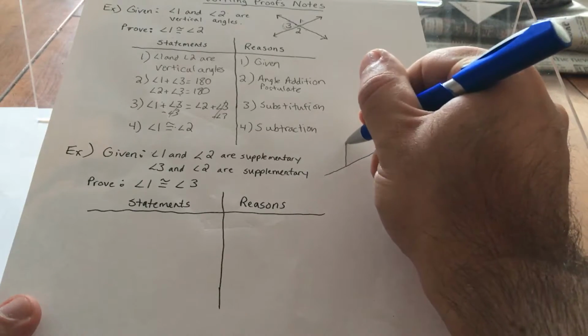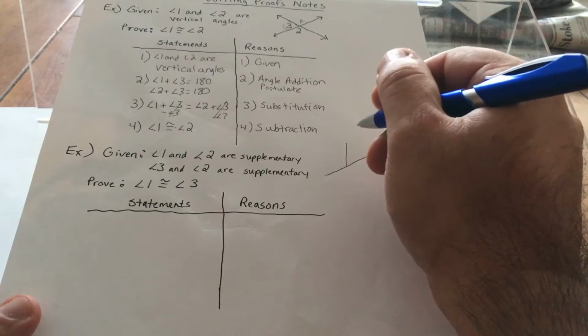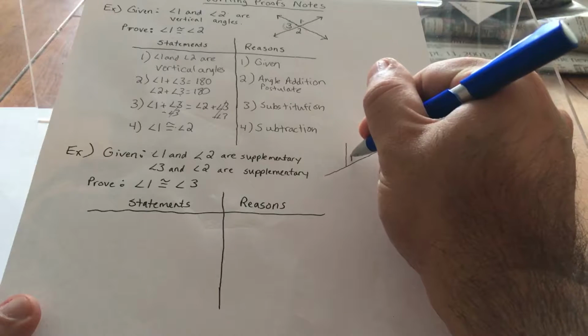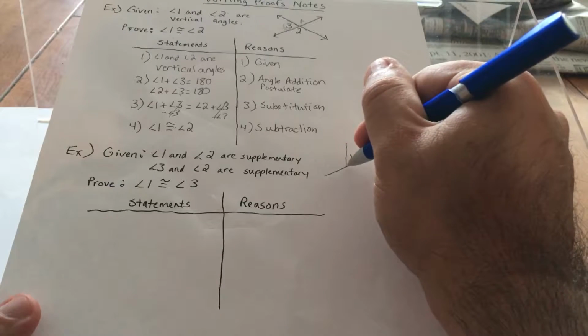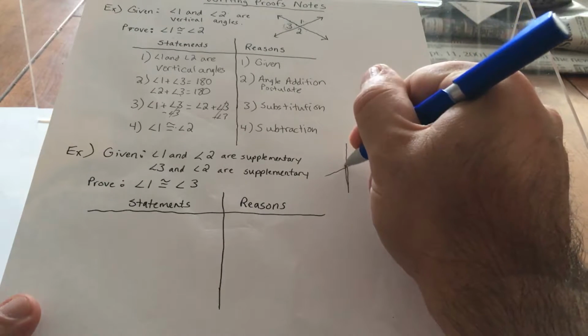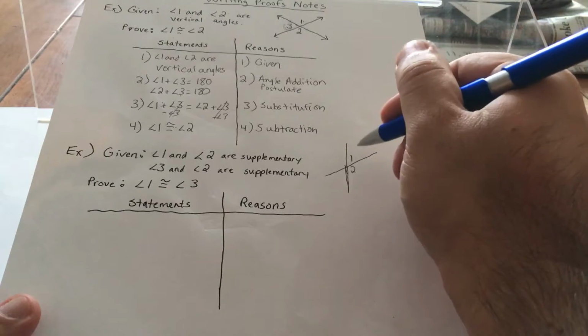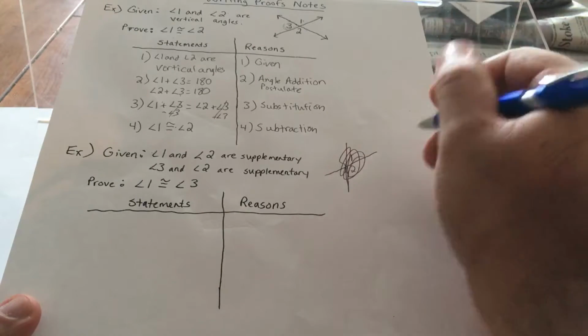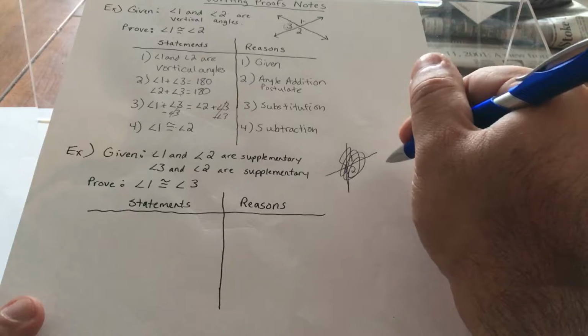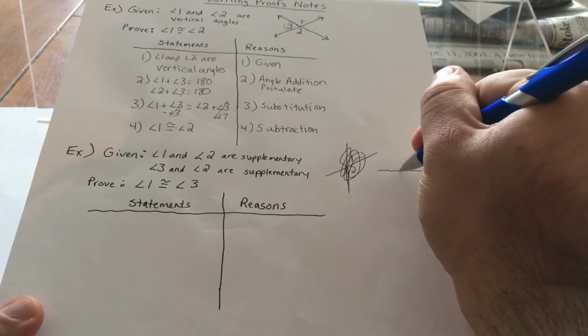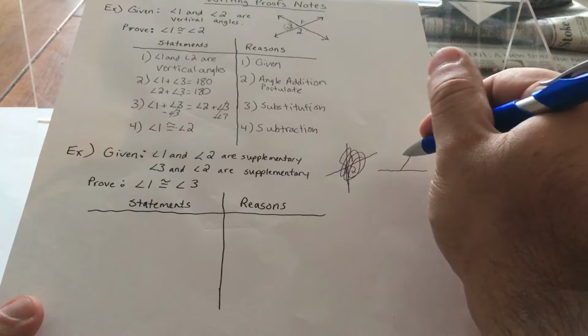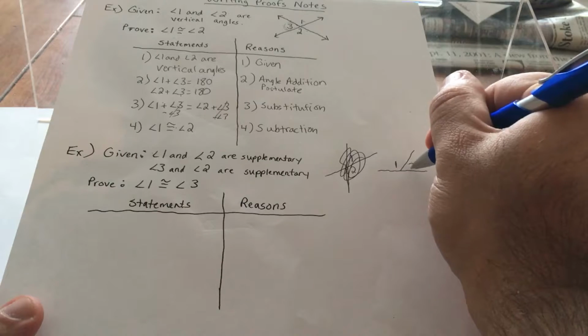Notice if you say, well, angle 1 and angle 2 are supplementary. And let me draw different. We've got angle 1 and angle 2 are supplementary.